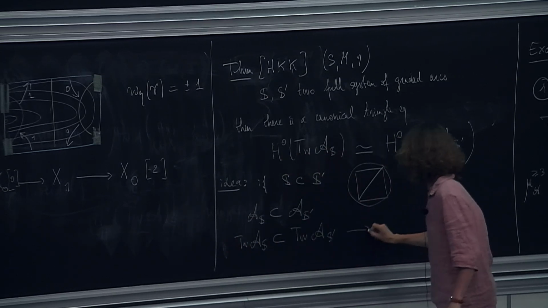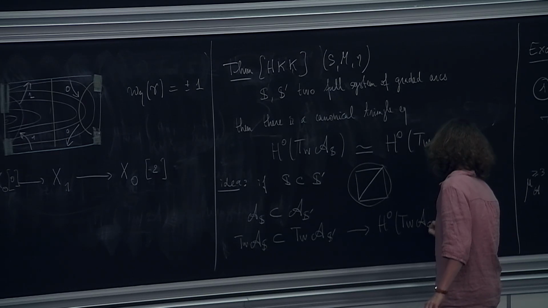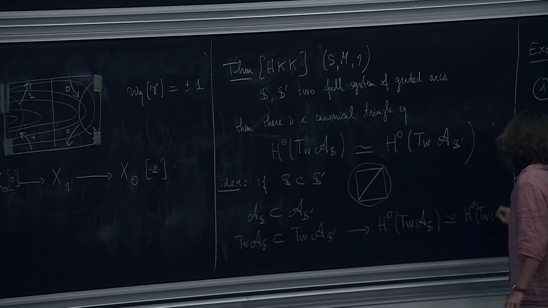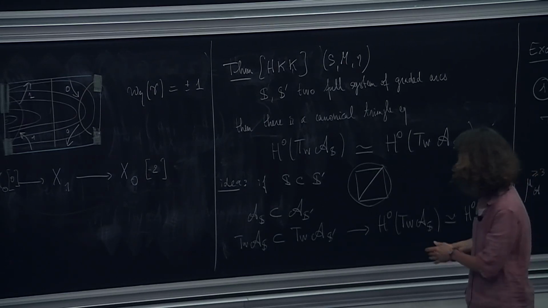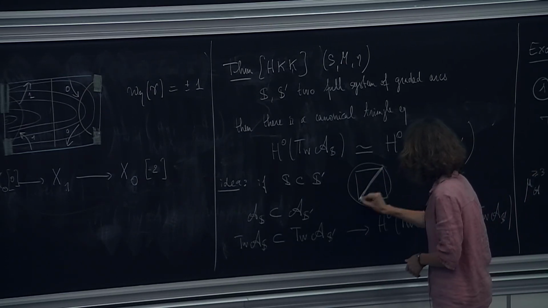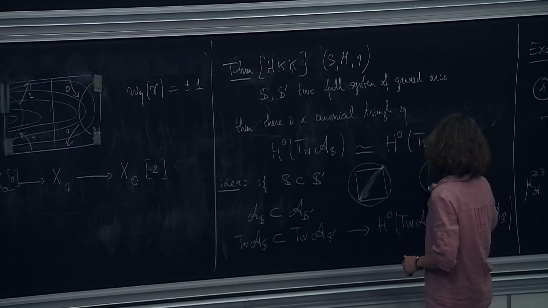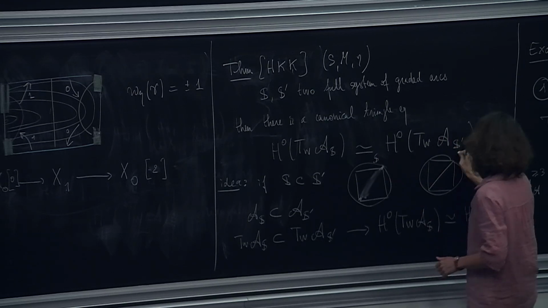And this gives you H0 of twist A S into H0 of twist A S prime. So why do we have this? Well, this is because typically here, this new object I had, okay, so this is S, this is S prime.